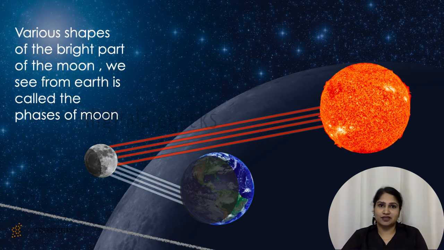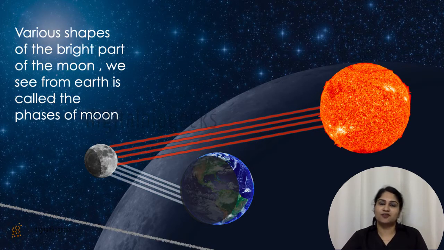The side of the earth which faces sun experiences the day and on the other side the night. Similarly, the side of the moon that faces the sun becomes bright and the other side is dark. So the moon reflects the sunlight falling on it towards the earth and we see only the sunlit portion of the moon. This is the reason for the various shapes of moon.